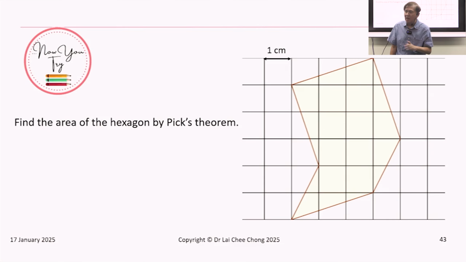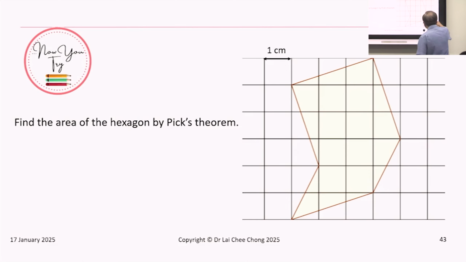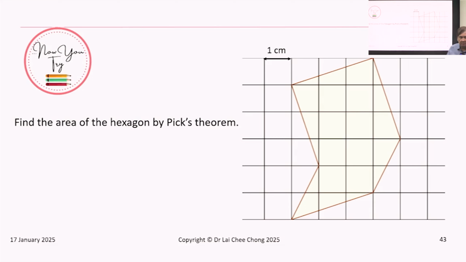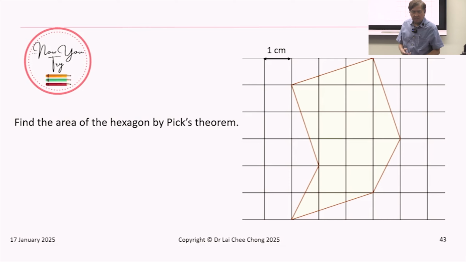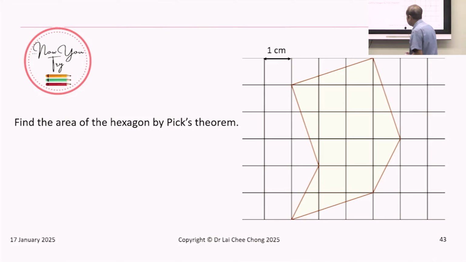It cannot be a fraction or anything. If the coordinate of the vertex is somewhere around here, you cannot use Pick's theorem. It only works with integer vertices. Follow me? So that's basically what you have to watch out for.